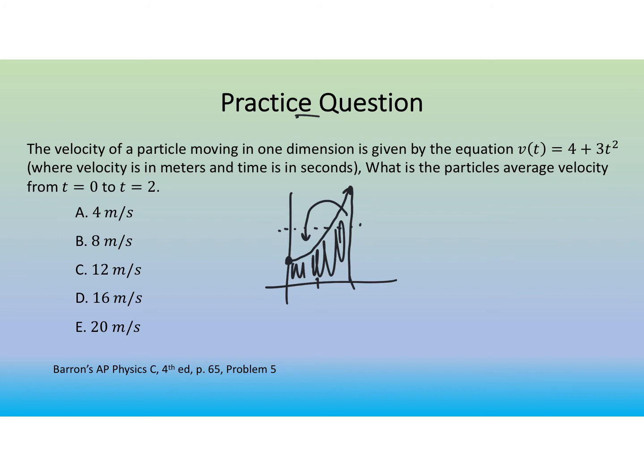So that's where if we integrate our velocity, so integrate the 4 plus 3t squared from 0 to 2, and then divide that by the length of that time interval, so divide that in half, that will take that total area, melt it down into a rectangle, and we can just find that height.